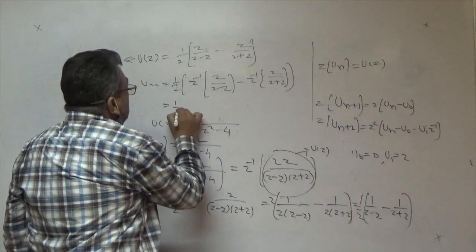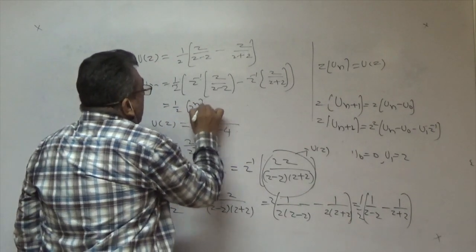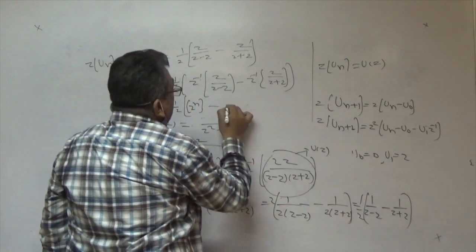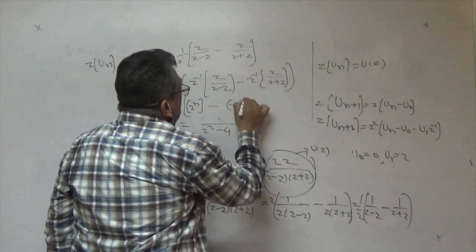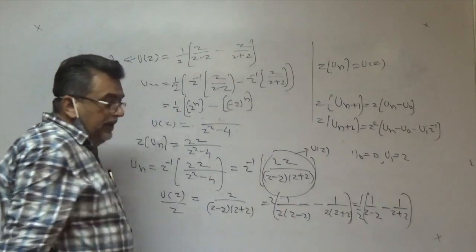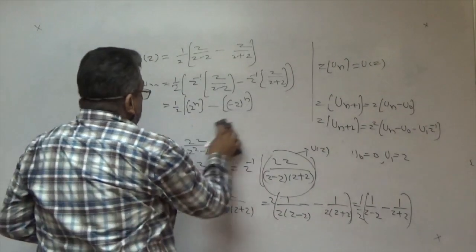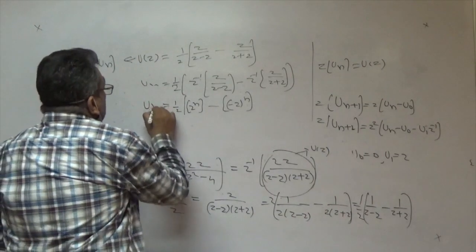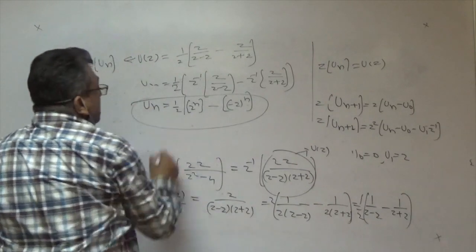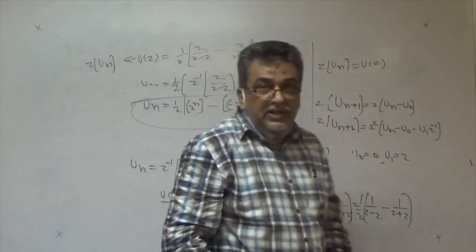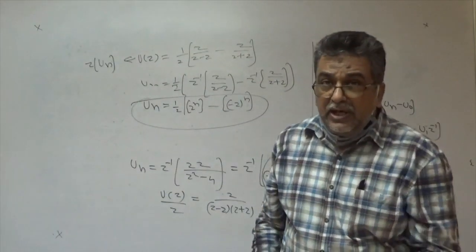This is 1 by 2, the sequence 2 to the n, and this is the sequence minus 2 to the n. This is the formula, and when 2 is cancelled out, this is u_n, and that is basically the solution of the difference equation by using Z transform.